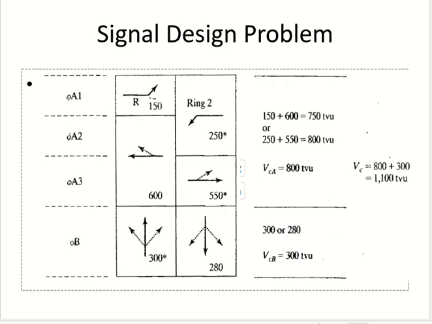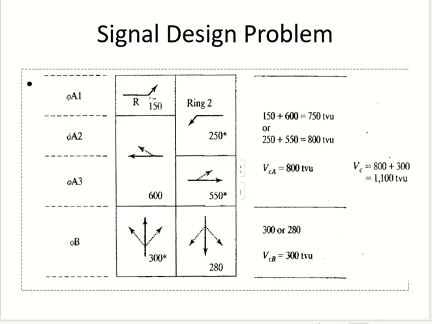If I look at the other side, again they cannot happen together. So 550 plus 250. This order gives me 800. Right now I am just interested in the total. So should I take this total or this total? I will take this one. I am not assigning time for each phase yet.